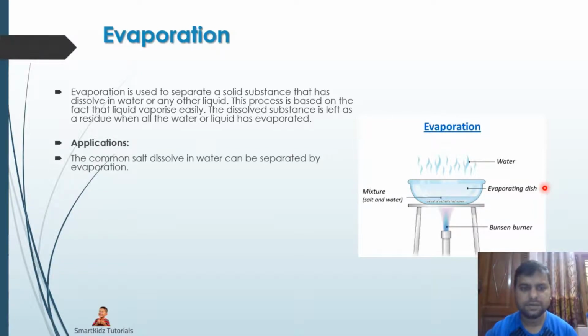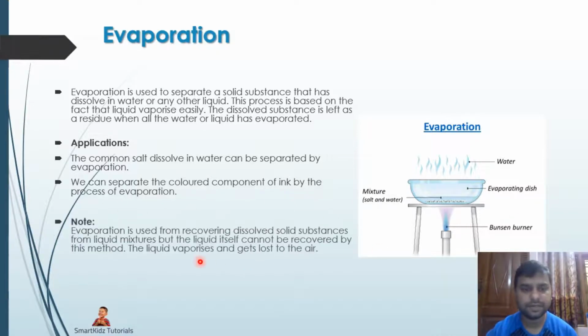Applications: common salt dissolved in water can be separated by evaporation. We can also separate colored components of ink by the process of evaporation. So evaporation is used for recovering dissolved solid substances from a liquid mixture, but the liquid itself cannot be recovered by this method. If you're looking to recover the liquid, then you can't, because in this figure it shows that the water gets evaporated. Okay, so here the water was in liquid form.